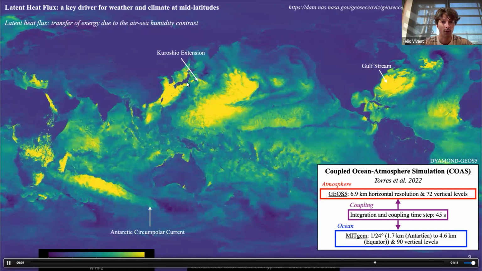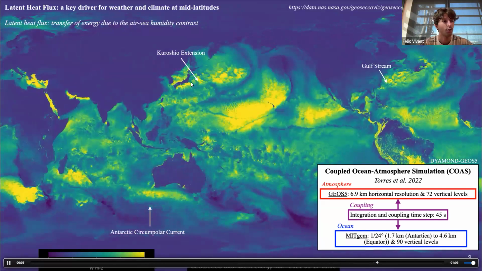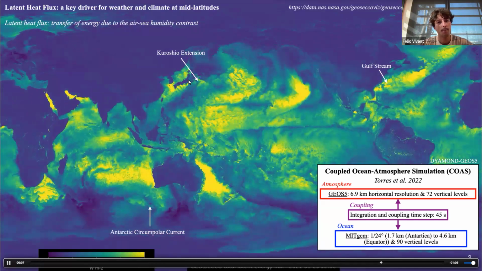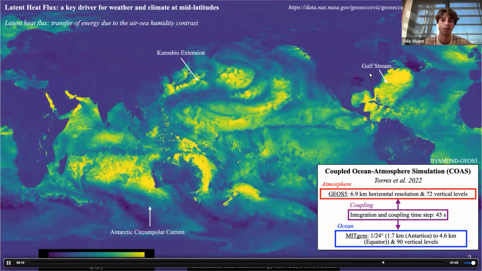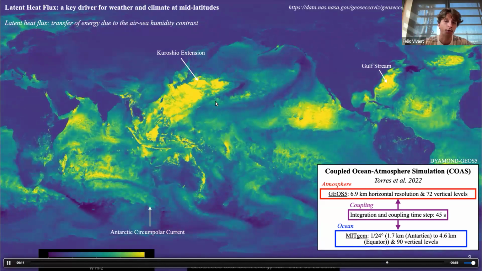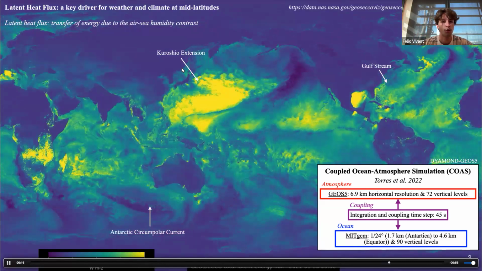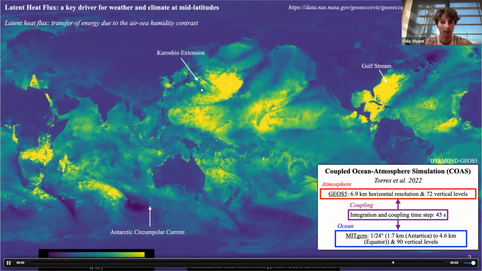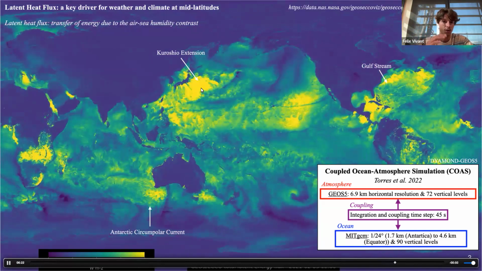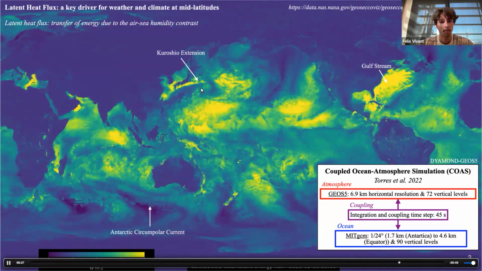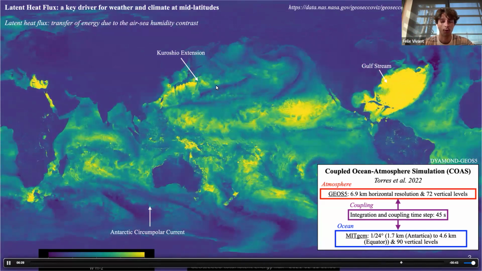You can see storms, for instance, developing from Japan to Western America, above the Kuroshio extension. And the fluxes are particularly important when dry and cold air parcels are advected from the north, as you can see here, because it creates a high air-sea contrast, resulting in high fluxes. And these fluxes are really important for weather.